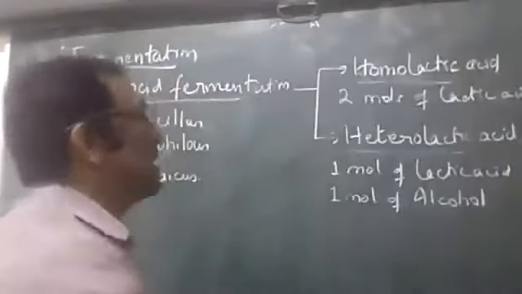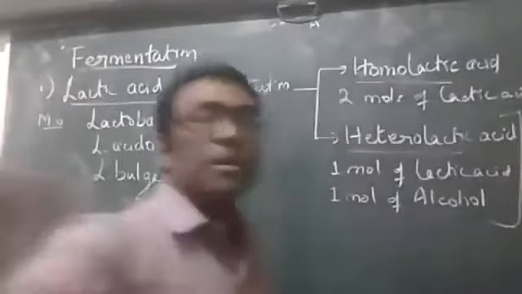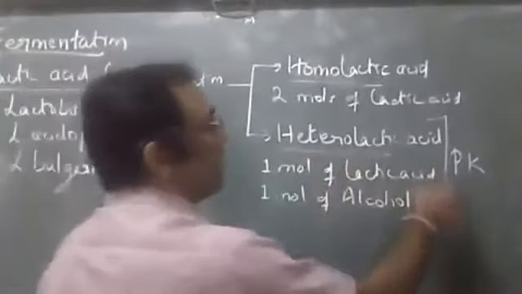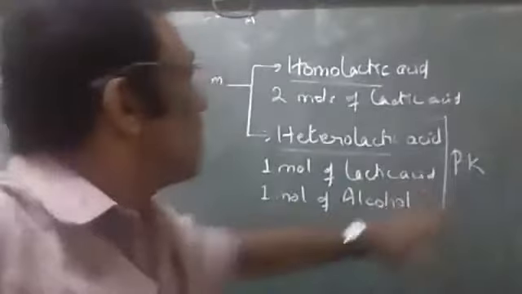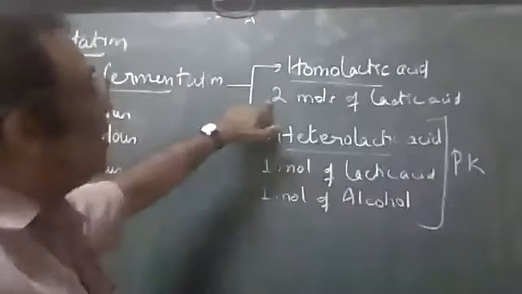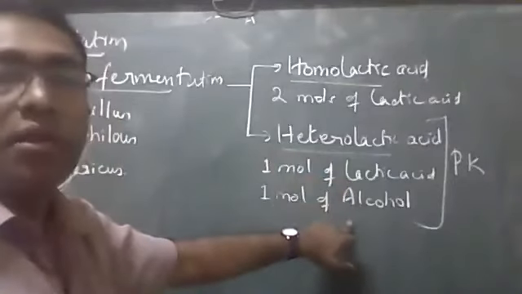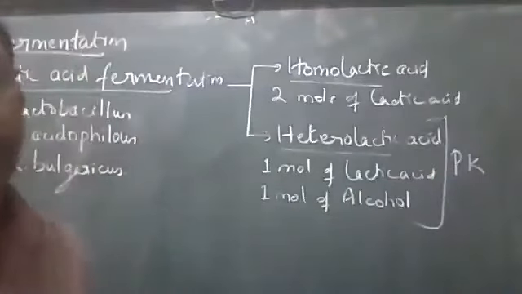Ketolase. Yes, exactly. So this is exactly the PK pathway, the phosphoketolase pathway. Homolactic acid will give only lactic acid. Heterolactic acid will give both lactic acid and alcohol. So, PK pathway, phosphoketolase pathway.